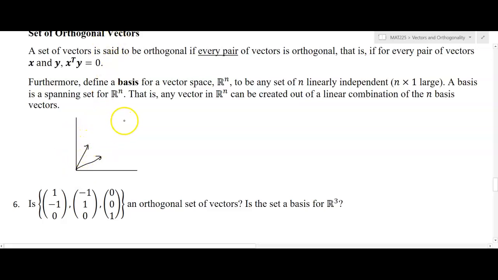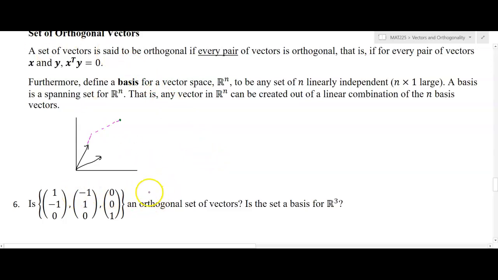If I wanted to get to here, for example, then one thing I could do is to take this one far enough to where then I could take this one and shoot straight across, and I can figure out what scalars of each of those 2 vectors I have to add together to get there. So if you have a set of n linearly independent vectors, then you're going to be able to go anywhere you want in n dimensions.